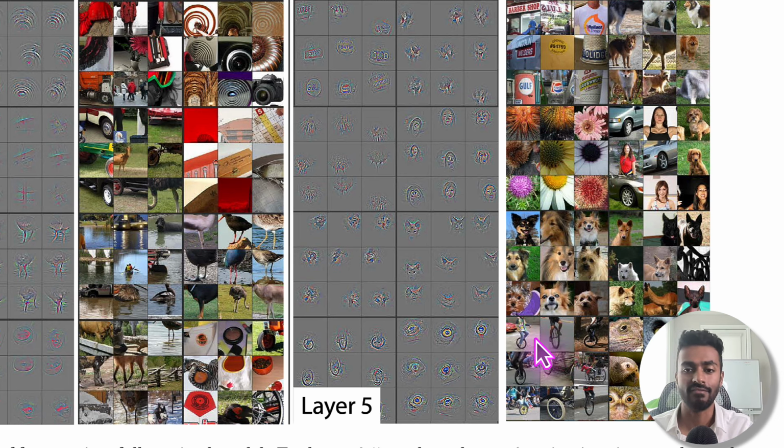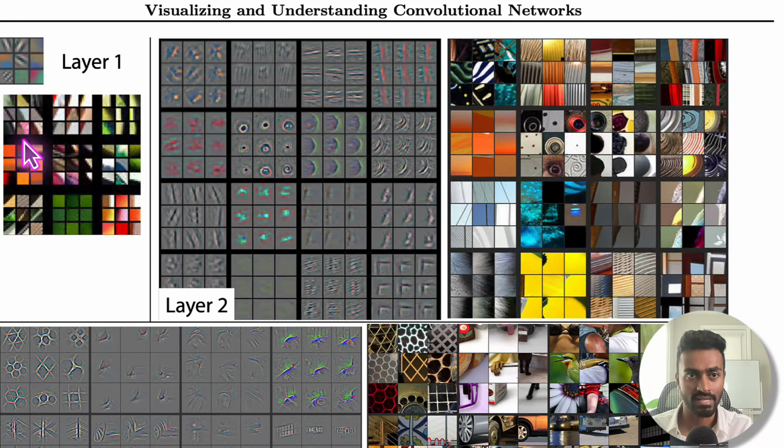And so these layer 5 filters are looking at much higher level data compared to, let's say, the colors and orientations of layer 1, the edges and patterns of layer 2, the textures and some color of layer 3.